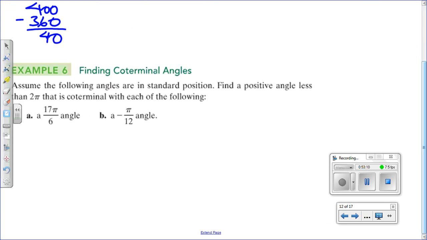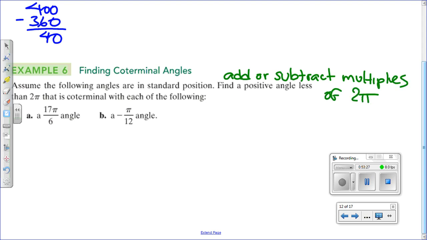Okay, now let's do the same but with radians. So remember, we're going to either add or subtract multiples of 2 pi. So here's 17 pi over 6.